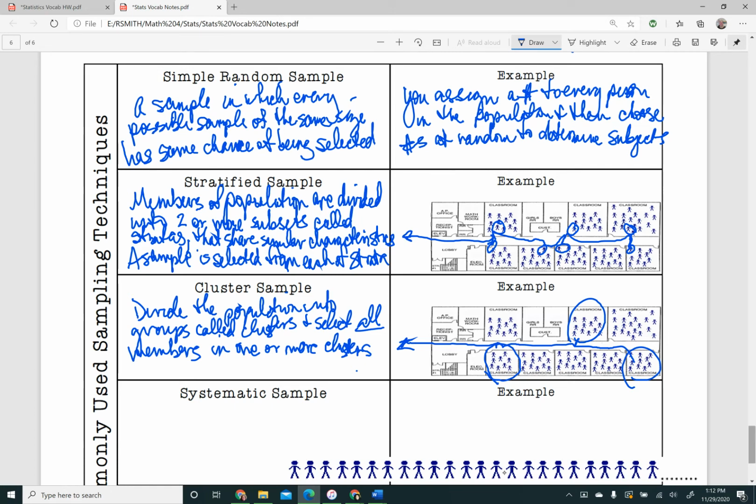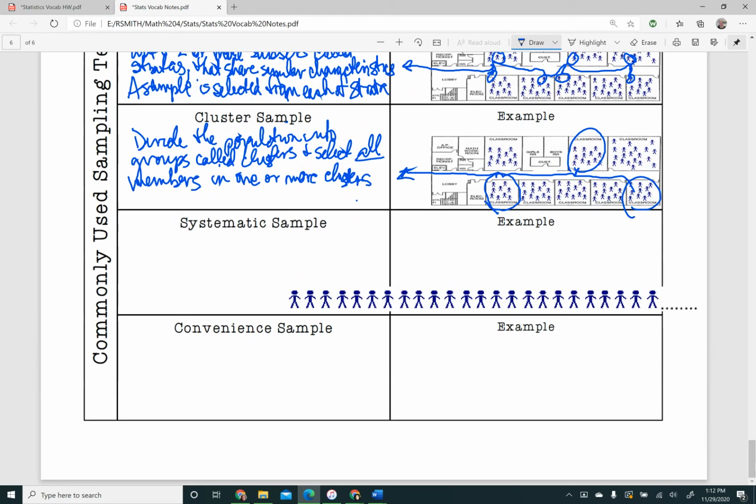Okay, in a systematic sample, the members are ordered in a way, and then sample members are selected at regular intervals.